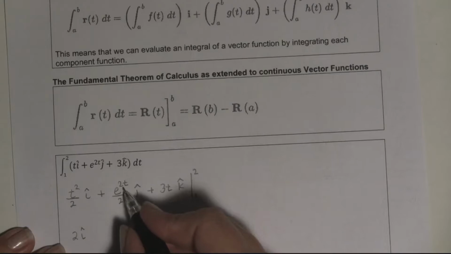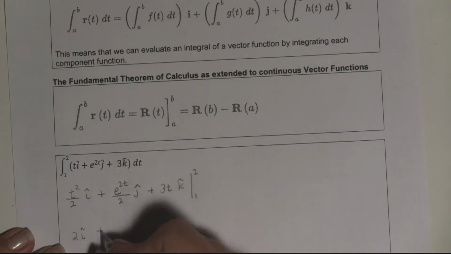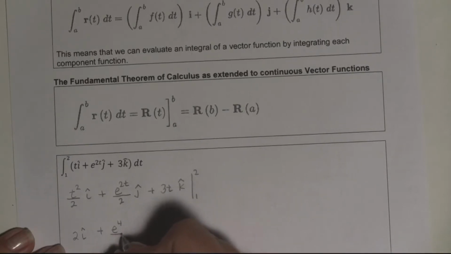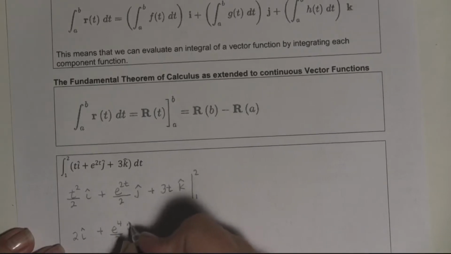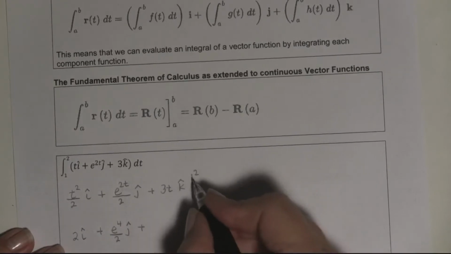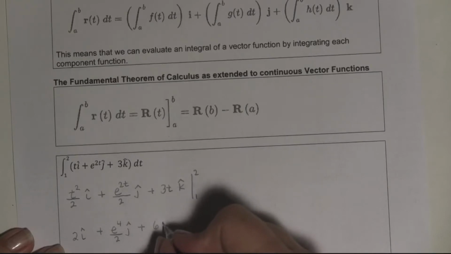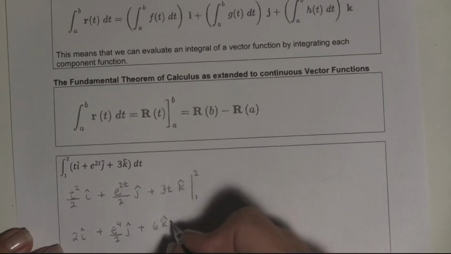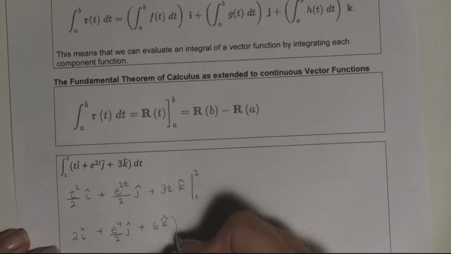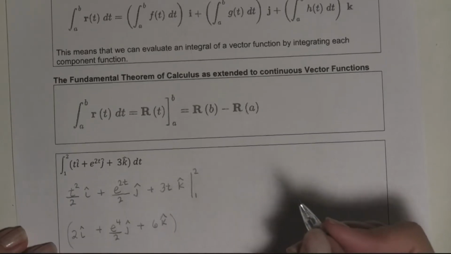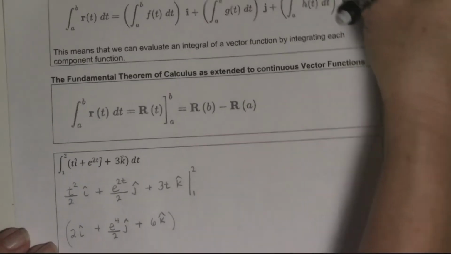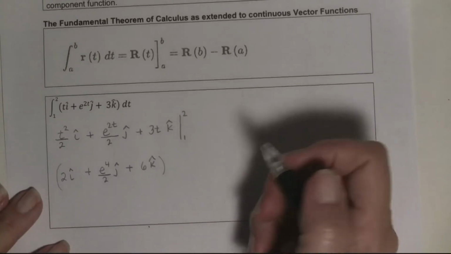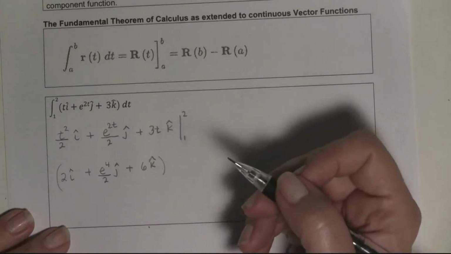Then when I put in 2 here, I get e to the 4 over 2 j. Plus, here I get 6k, and I'm going to use parentheses. I didn't write it in vector notation with the brackets. I used i, j, and k just because the problem had i, j, and k in it.